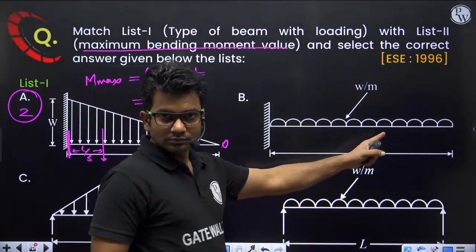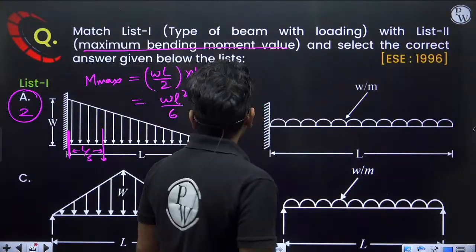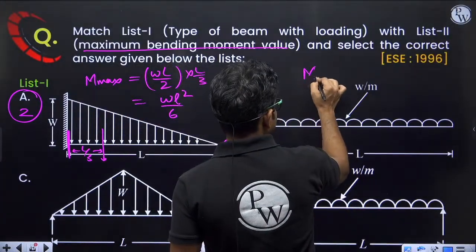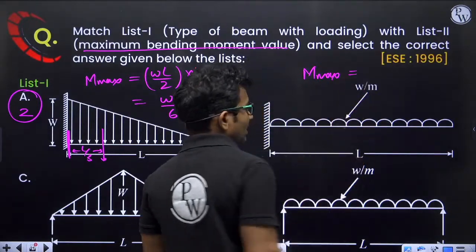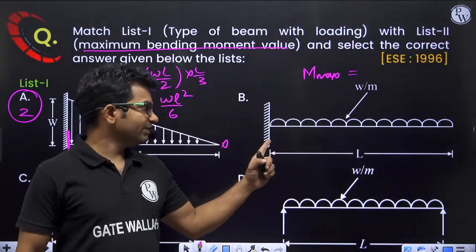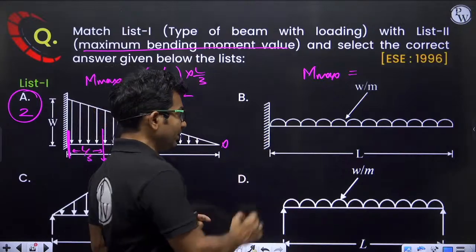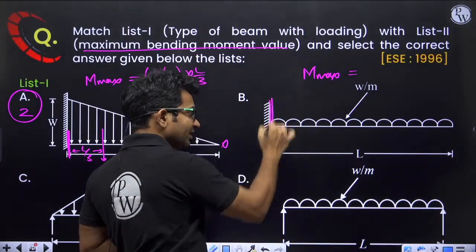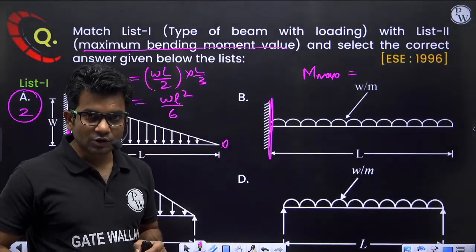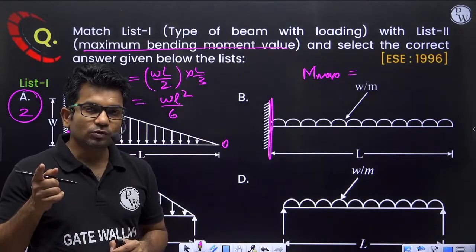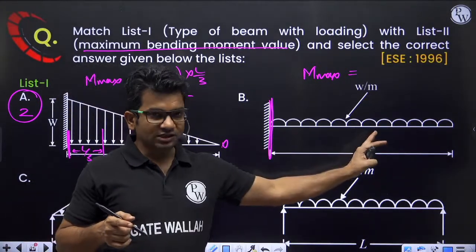Here, what will be the M max in this case? What will be the value of maximum bending moment? Maximum bending moment location will be here, again at this location. Okay, so total load into centroidal distance of the load.